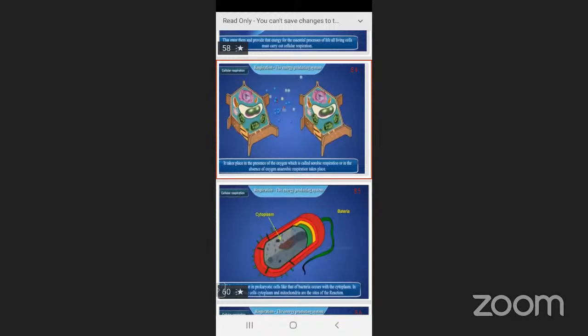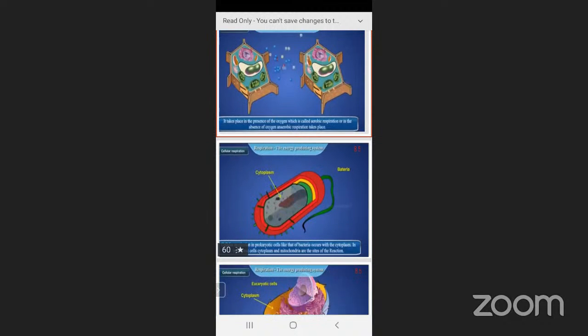So cellular respiration in the presence of oxygen is aerobic respiration, and in the absence of oxygen is anaerobic respiration.